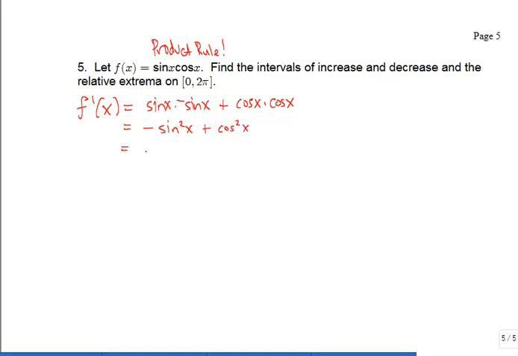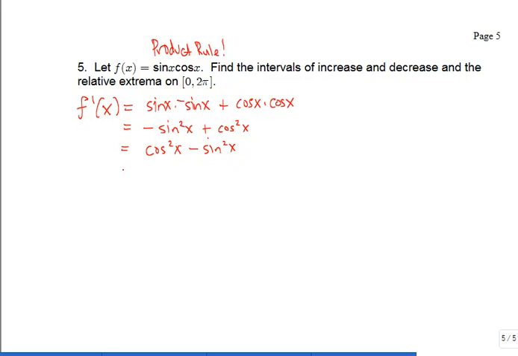Now, if you rearrange these terms slightly, I'm just going to use that commutative property and put the cosine squared in front. This should look vaguely familiar to you because this is a double angle identity for cosine.